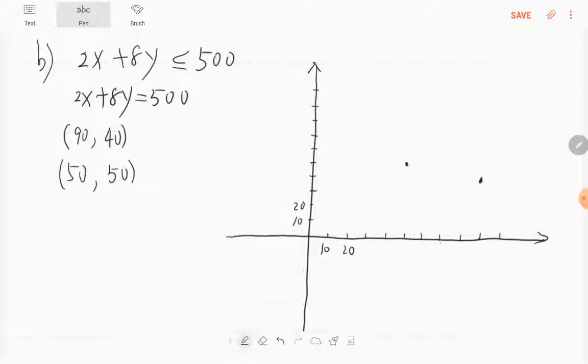If you connect these two points, okay, so this is the graph.